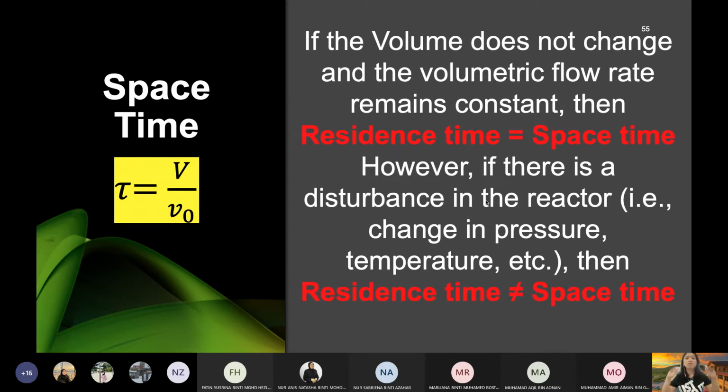So the flow rate will not stay constant. If you calculate based on the initial set value, that is the space time. But if you calculate based on the real volumetric flow rate during the reaction, during the process, that becomes the residence time.